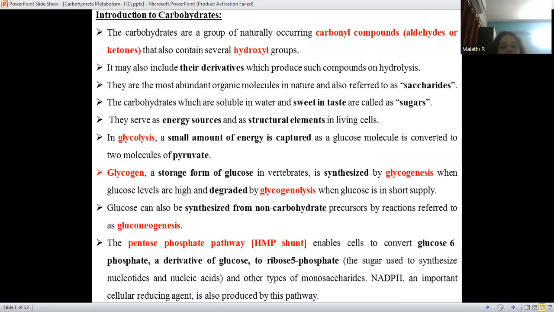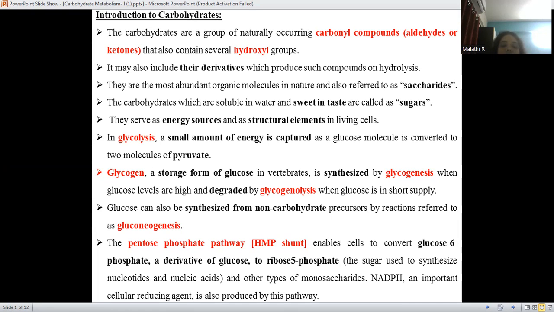This occurs during starvation or less carbohydrate in the diet. And also glucose can be synthesized from non-carbohydrate sources by means of gluconeogenesis under prolonged starvation. So prolonged starvation leads to the formation of new glucose molecules from non-carbohydrate sources also.